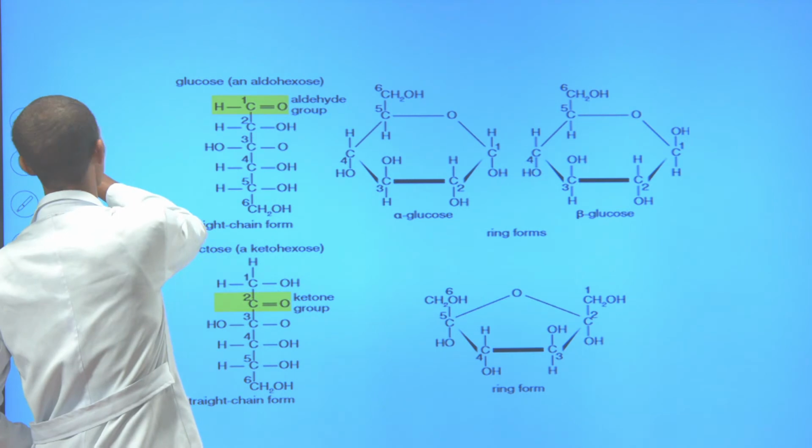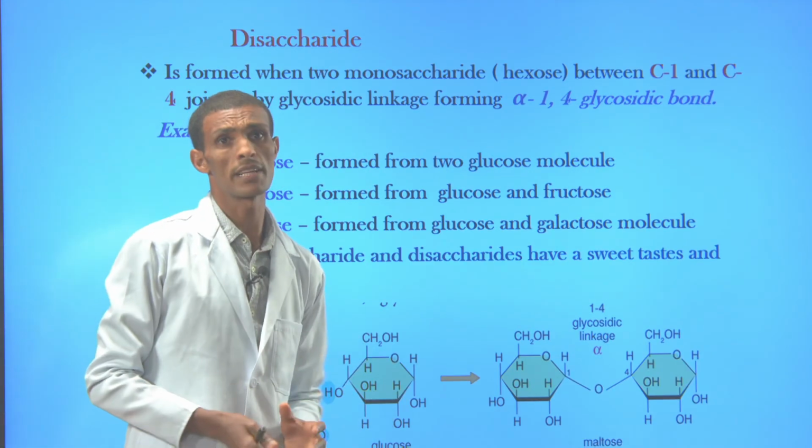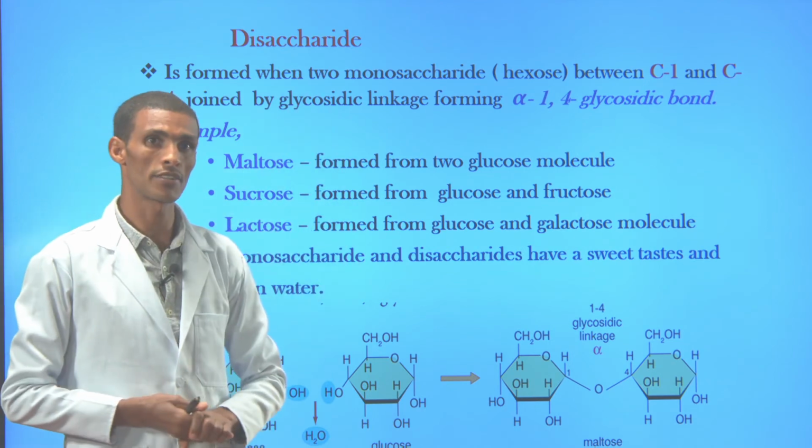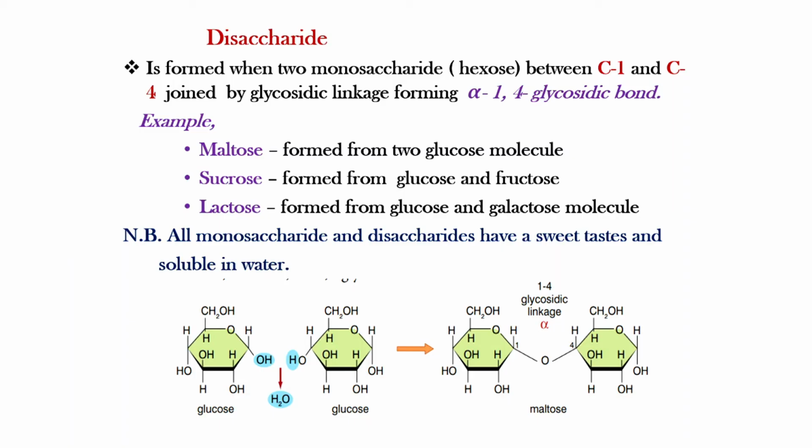Good. Another very important type of carbohydrate is the disaccharide. A disaccharide contains 2 sugar units, especially hexose, that are joined by an alpha 1,4-glycosidic bond.